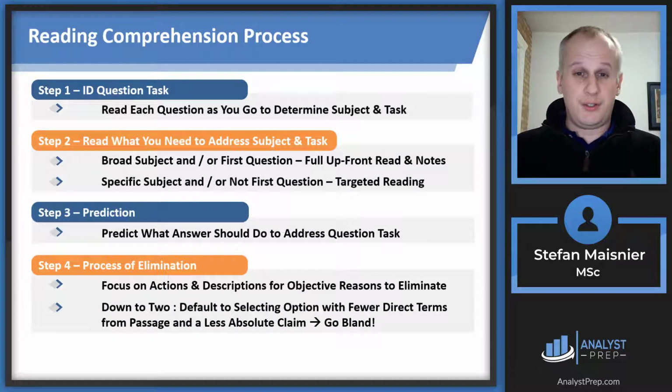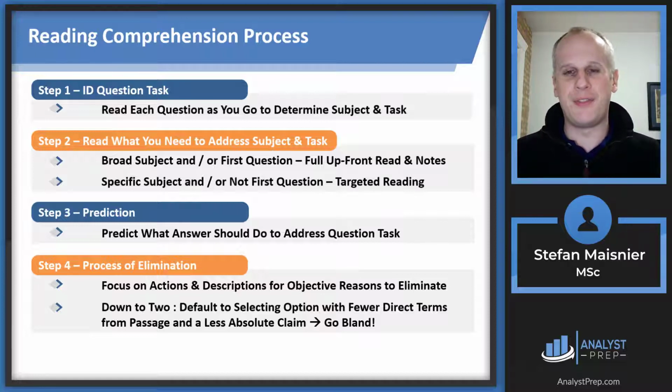And if you are down to 2 in the process of elimination for reading comprehension, you want to default to selecting the option with fewer direct terms from the passage and a less absolute claim. By default, assume that the correct answer is going to be relatively bland and unappealing, so you want to go bland when considering 2 answer choices that are kind of ambiguous for you at the end of your reading comprehension process.